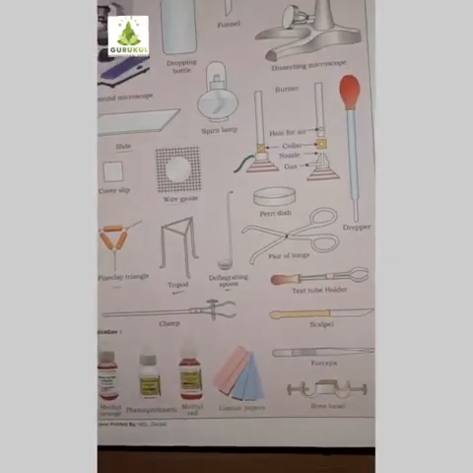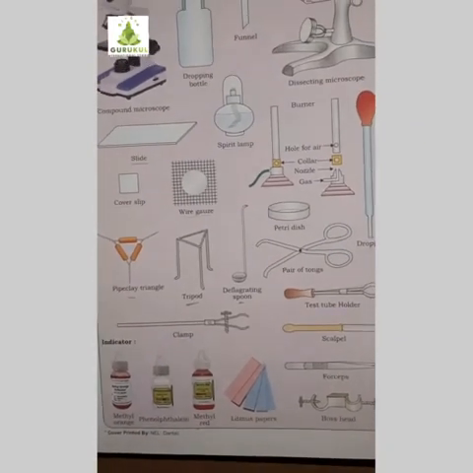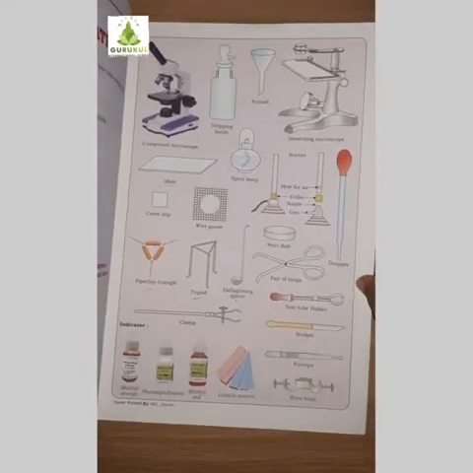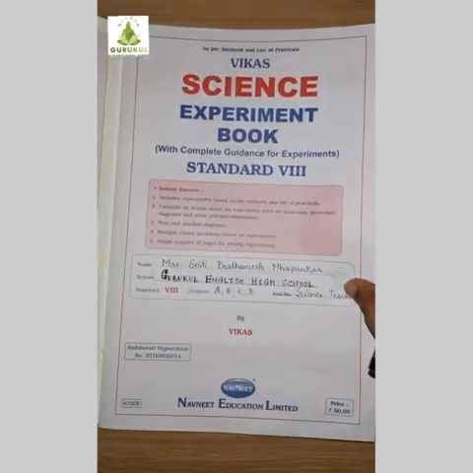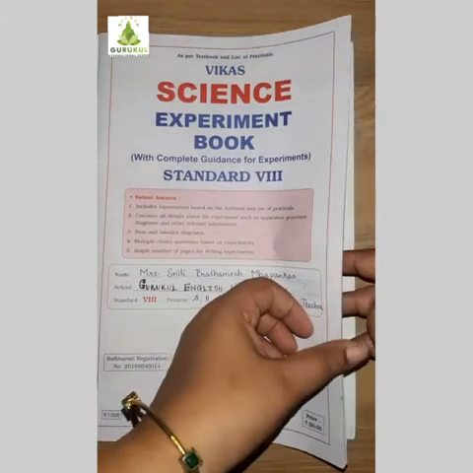Here also and at the last also they have, yes, here can you see? Compound microscope, dropping bottle, funnel, dissecting microscope. So different types of laboratory instruments which we use. That is shown in these 2 pages. So you can go through this. You can know the names of the laboratory instruments from here.